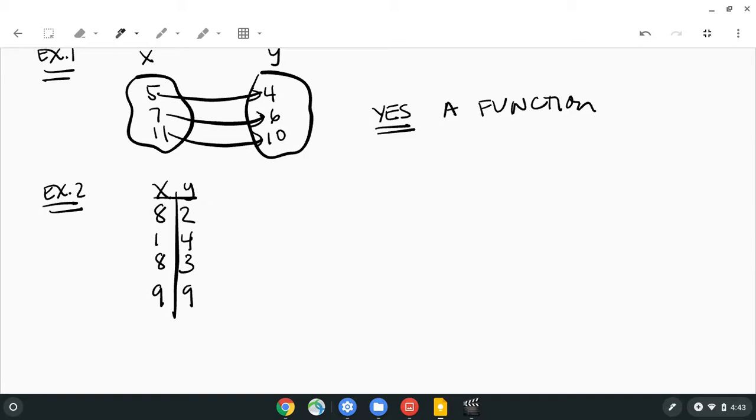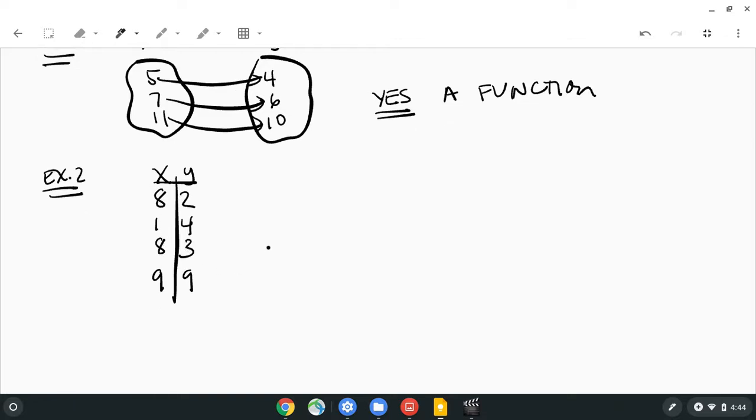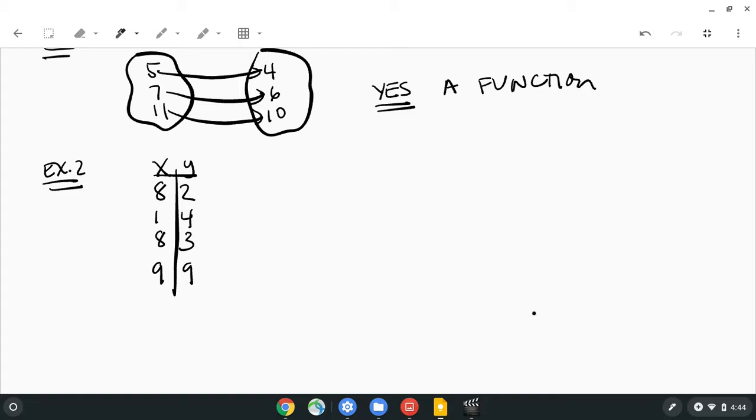So here, hopefully you can see that, remember, all the x values can go to exactly one y value. And we see here that 8 went to 2 values. 8 went to 2, and 8 also went to 3. So here, this is no. So not a function.